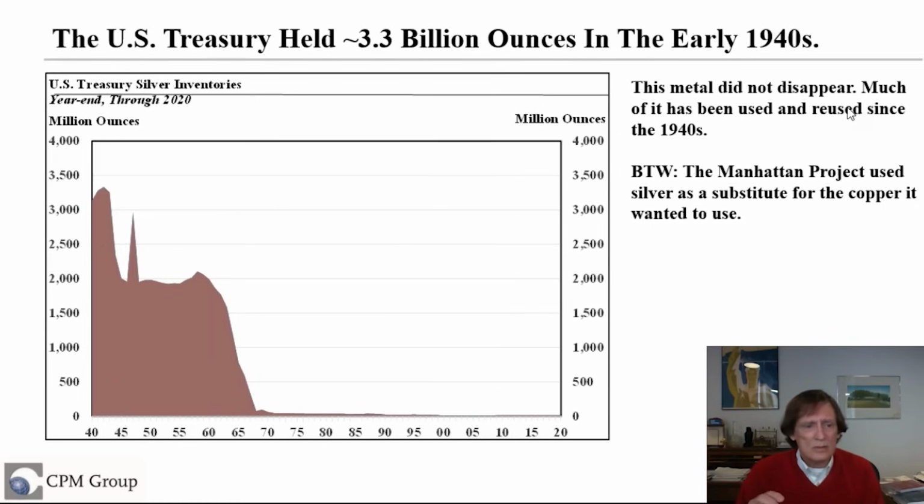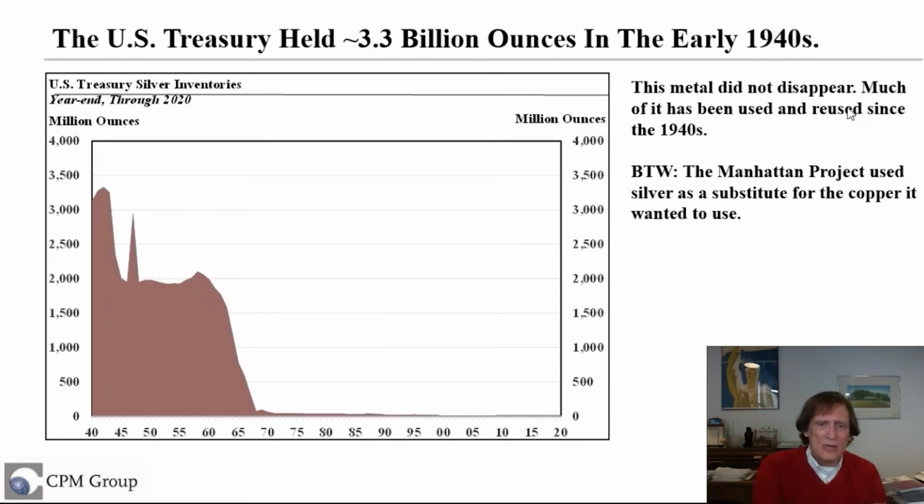They used about 100-plus million ounces in the Manhattan Project in magnets because it was during World War II, and the scientists asked for copper, and the military and the government said, no, we can't afford to give you that much copper for these magnets because we need it for the war effort. Copper is used in ammunition, in shell casings, and in a variety of other applications.